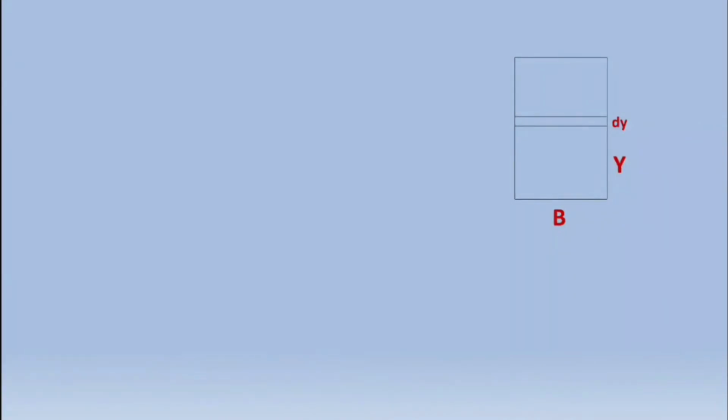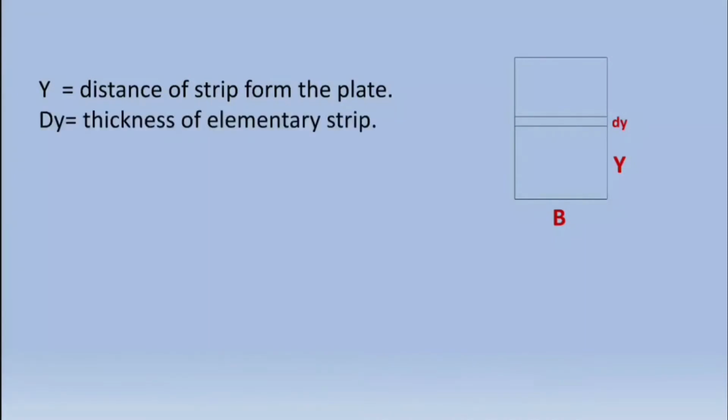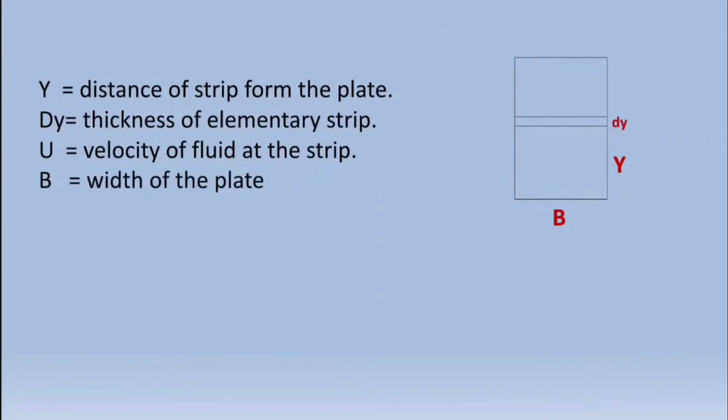Now I consider the cross section of that longitudinal view. This is the cross section. Y is the distance from the plate when I consider the strip. dy is the thickness of the strip. Small u is the velocity of the fluid flowing through the strip. b is the width of the plate. Area of the elementary strip. Mass flowing through the strip per second.